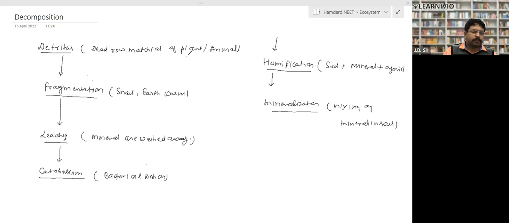The process starts with detritus formation.